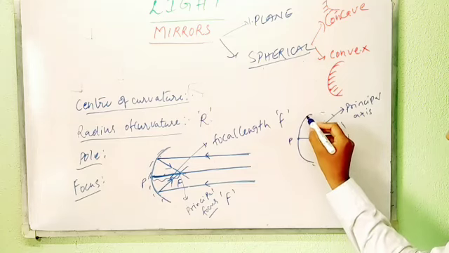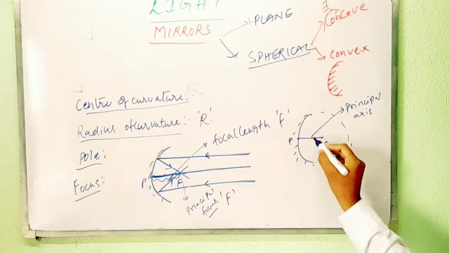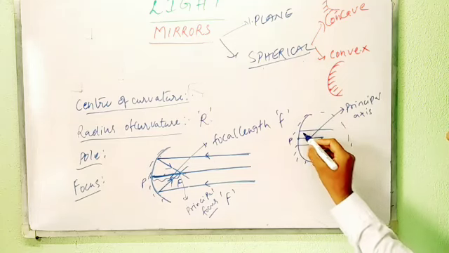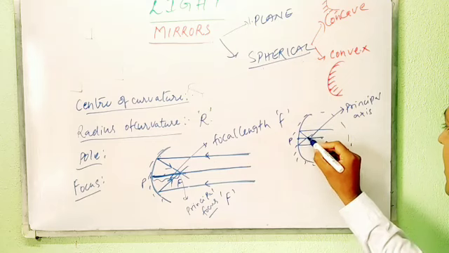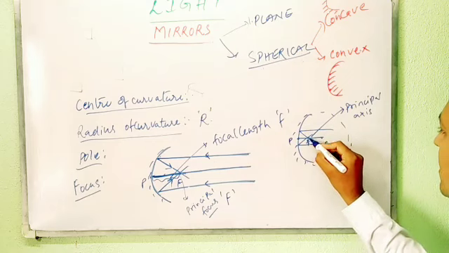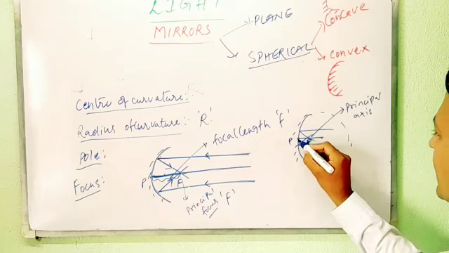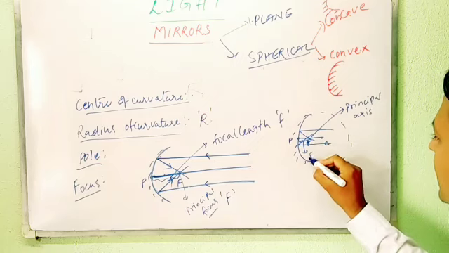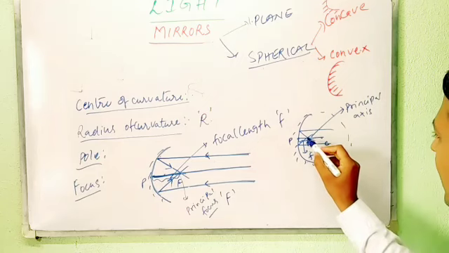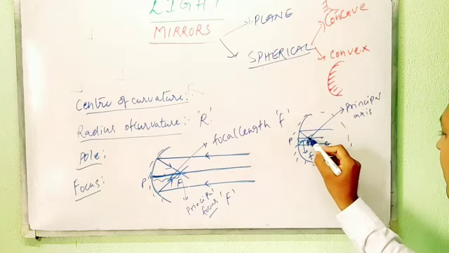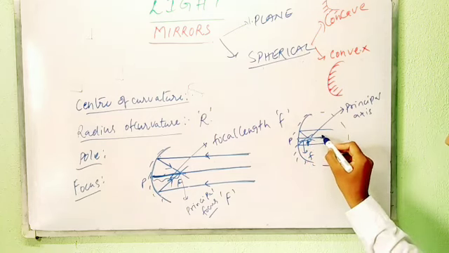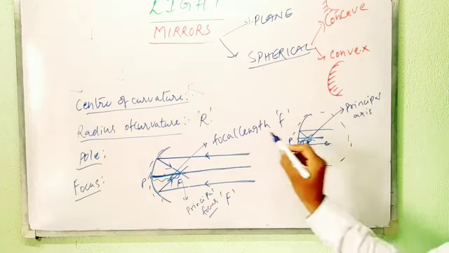Now if this is a concave mirror, when the rays are coming like this and after reflection they meet here, this is the principal focus, capital F, and this distance is the focal length, small f. And this is called the radius of curvature. The distance between center and pole is called the radius of curvature.